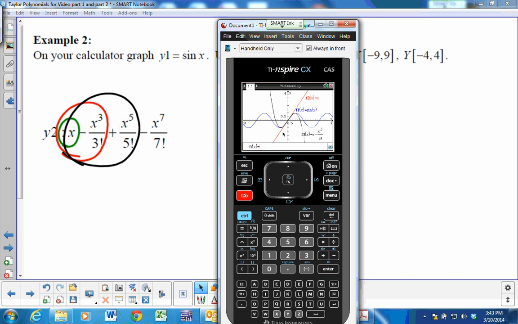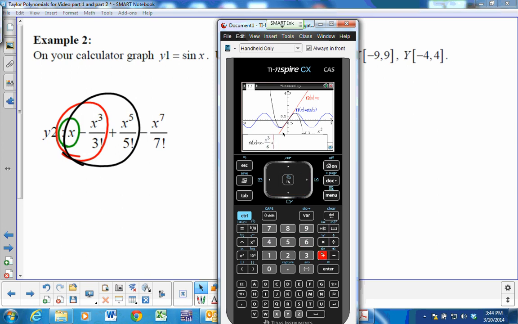All right, so then we add another one. We want the same graph that we had before. So we want to do x minus x cubed over 3 factorial, which is 6. So I'm actually just going to put 6 here. That's quicker.